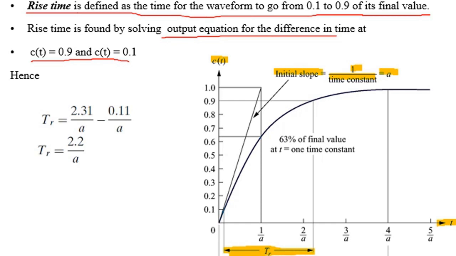Now for rise time, we will find the difference of time for system output 0.9 and system output 0.1. Mathematically, rise time will be equal to 2.31 divided by a minus 0.11 divided by a. And from this, rise time is equal to 2.2 divided by a for a first order system.